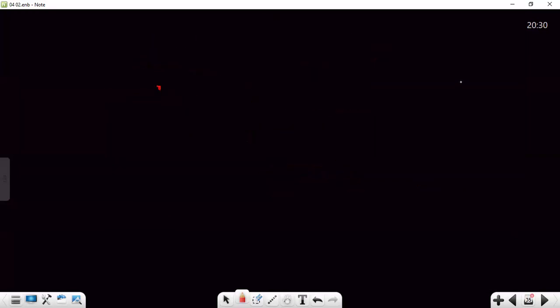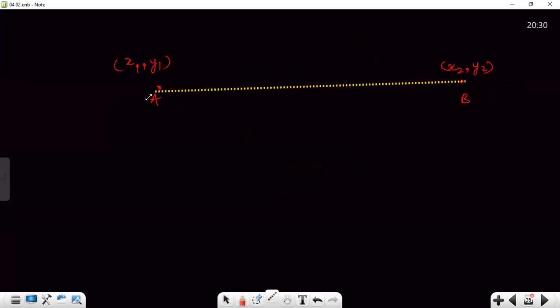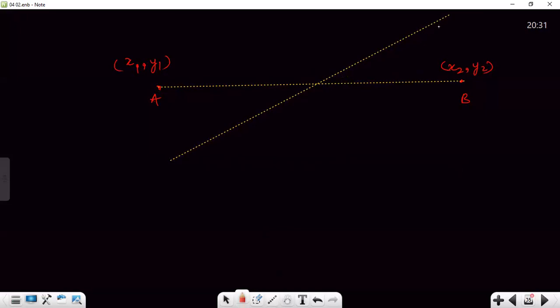Similarly, let's discuss if there are two points A and B, x1, y1 and x2, y2. The line segment is getting intercepted by, let's say, the x-axis.